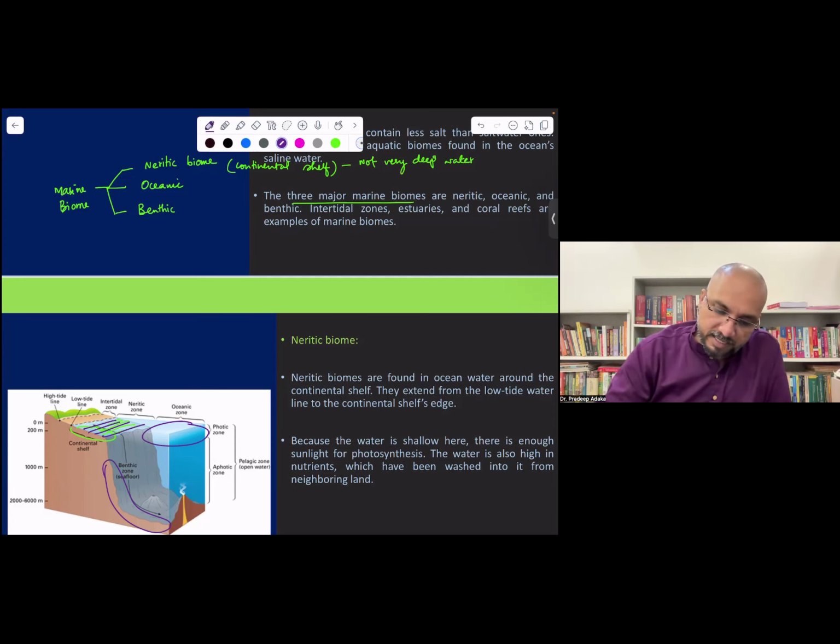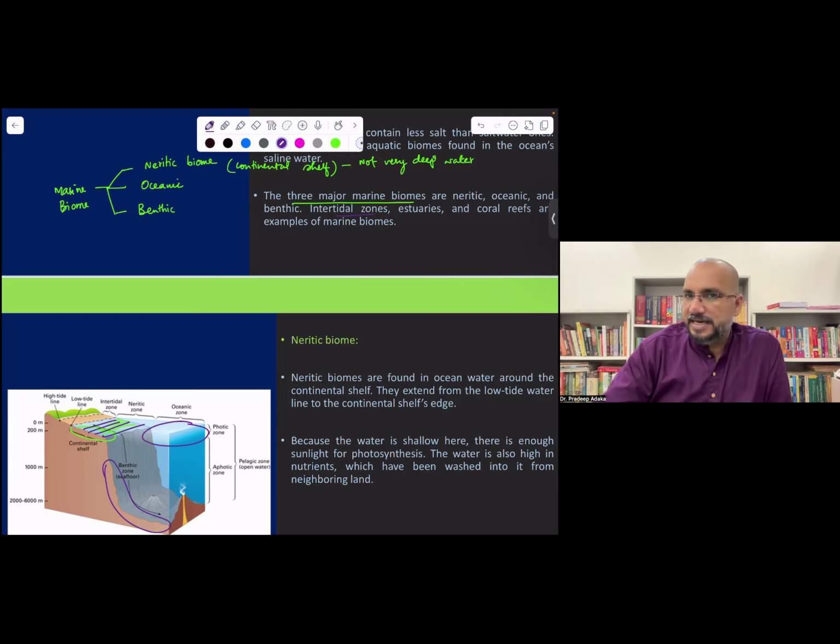So other than these three, you have intertidal zones between the high tide and low tide. The difference between where the water reaches at high tide and where the water is at low tide, that is the intertidal zone. Then estuaries, where rivers meet the oceans.